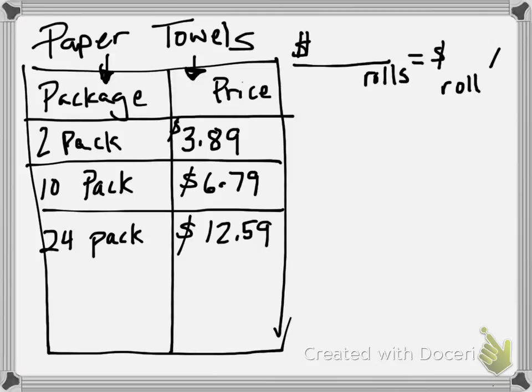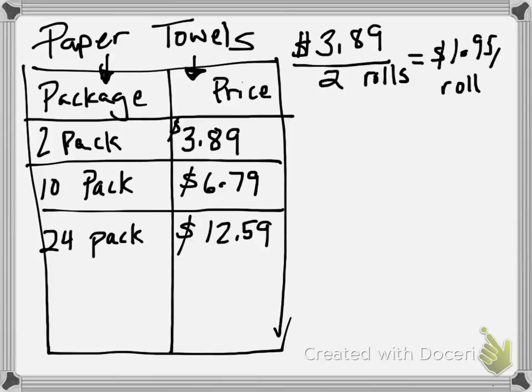What we'll do is we'll put the price up top and the number of rolls on the bottom. And after we do the calculation, that'll give us a cost per roll. So for the first one, we have $3.89 for 2 rolls. So we would just have to divide $3.89 by 2 and rounded to the nearest hundredth, I'd get $1.95 per roll.